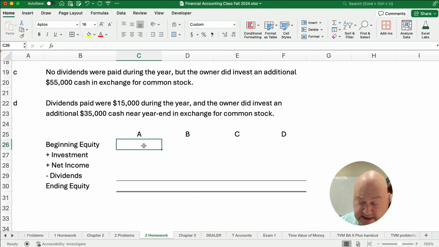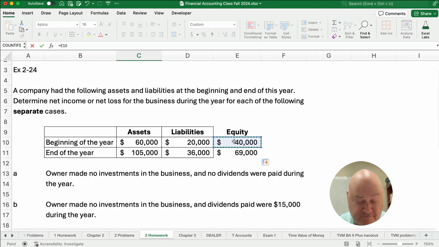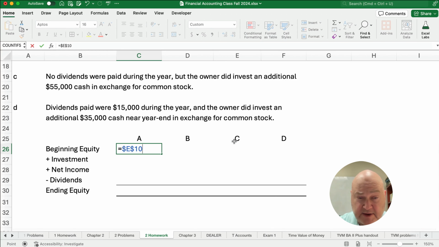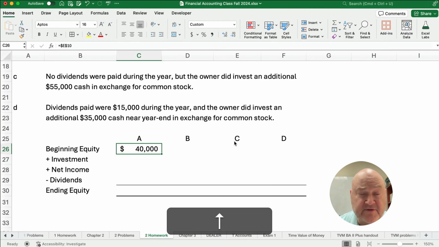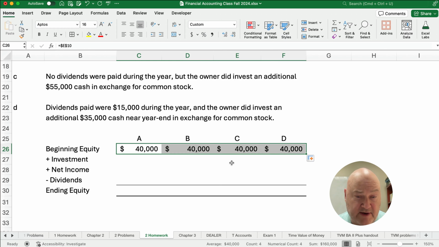All right, so we already know beginning equity, we just calculated it to be 40,000. I'm going to make that absolute so I can copy it all the way across. I can hit it with F4, and that becomes 40,000. We know it's 40,000 in each of the 4 separate scenarios.